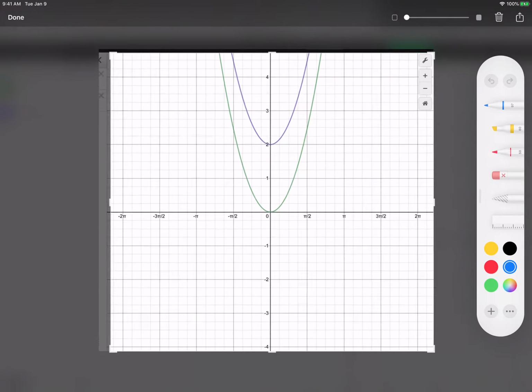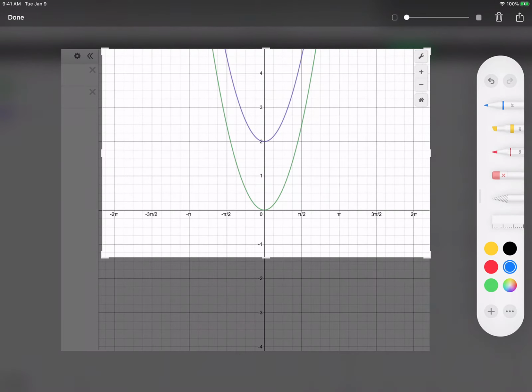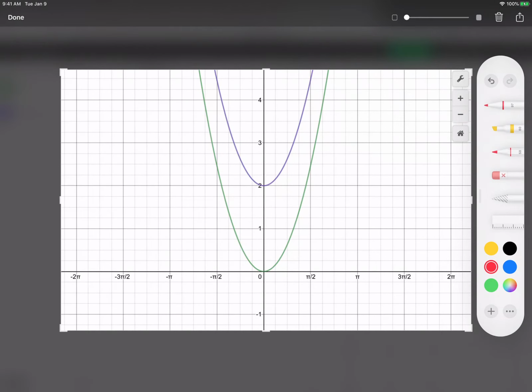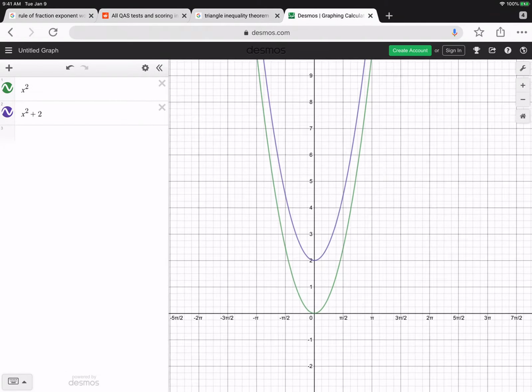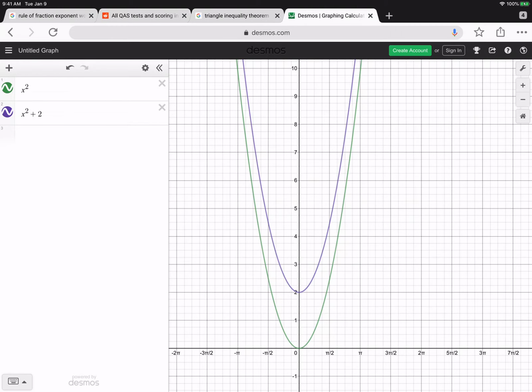So this is the graph that we got. I know that you guys probably know where I'm going with this, but what happened? You take this graph, and if you say that it got thinner by contracting, that's not the way. You're literally taking this and moving it up 2. So you go up 2. That is what's happening to this graph, because if you take a look, the graph shape is exactly the same.